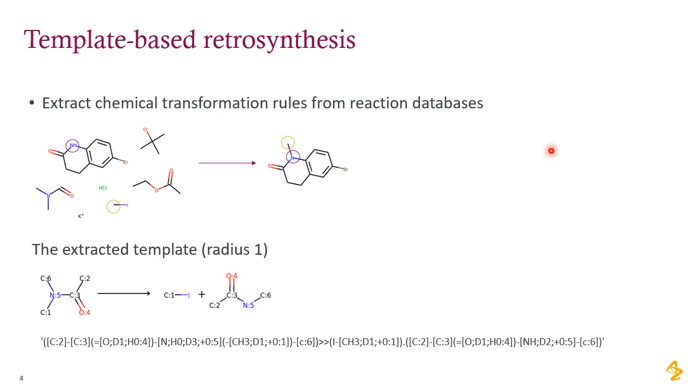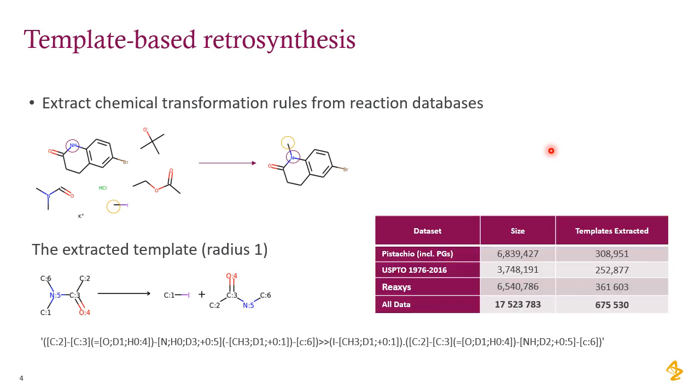We take the reacting atoms and a certain amount of the environment around it, which we can encode as SMARTS, the long string at the bottom, which is perhaps difficult to read for humans, but for computers it's a very compact format.